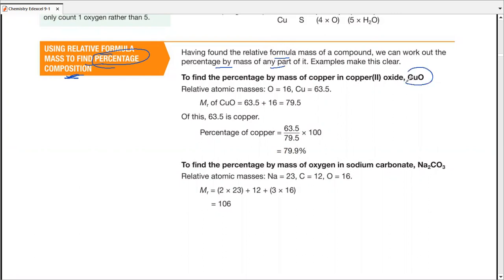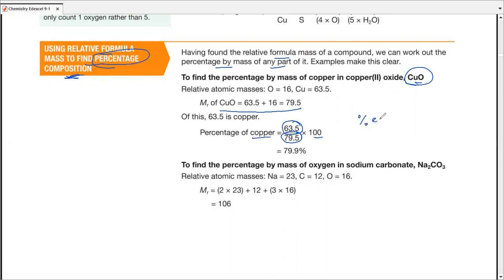For example, a compound is copper oxide. And what if we need to find out the percentage of copper in this compound? We calculate the Mr, we take the mass of copper over the mass of the whole compound, and we multiply it by 100. So it's pretty easy.